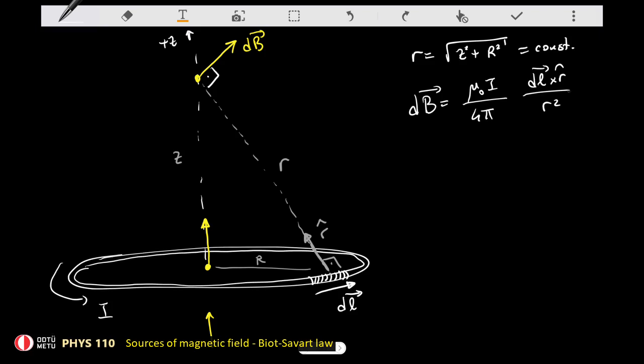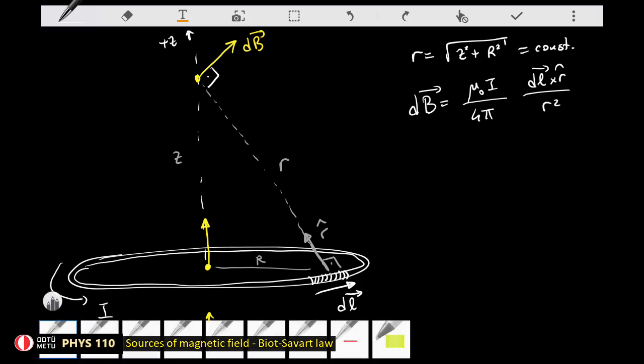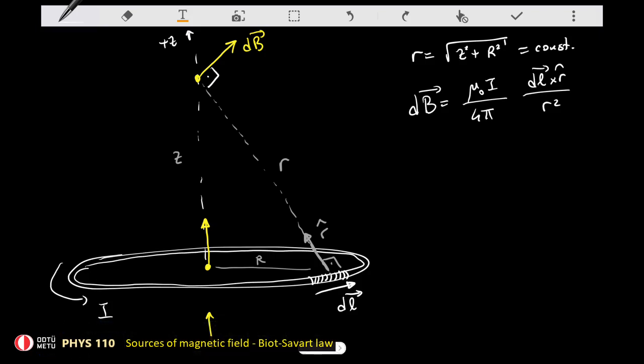So therefore, the result is perpendicular to the r unit vector. So that angle is 90 degrees, which means I'm going to use another angle in here. I'm going to use the white color again. Let's call that angle theta, which means this angle is 90 minus theta, whatever it is. So therefore, that angle is also theta.